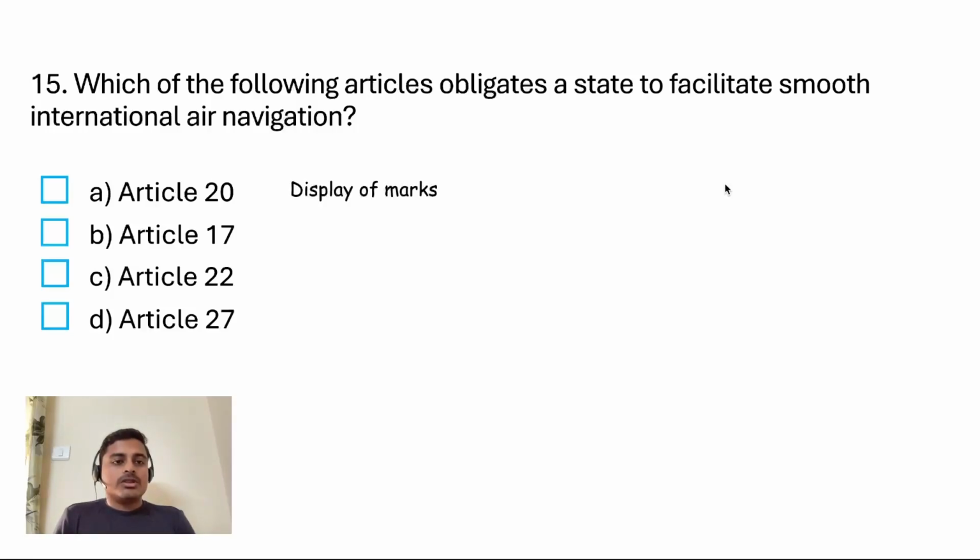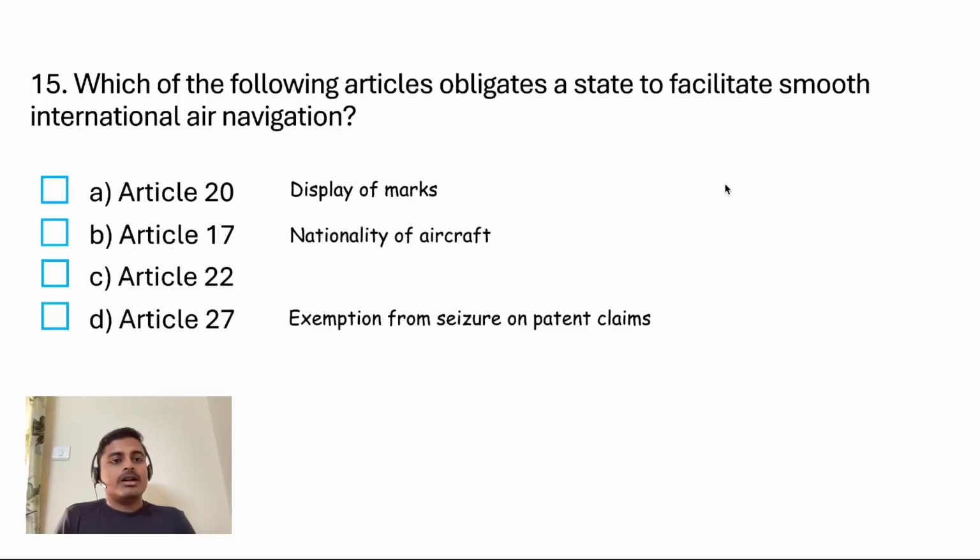Article 20 talks about display of marks, the registration and nationality marks. 27 talks about exemption from seizure on patent claims. Article 17 talks about nationality of aircraft, and 22 is the one which talks about facilitation of formalities, meaning providing the formalities to the foreign aircraft, and there should not be any delay because of these formalities. So the correct option is C, Article 22.